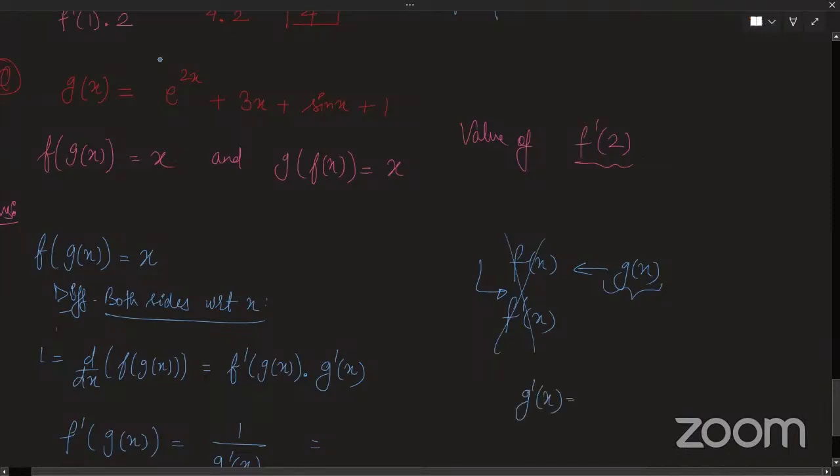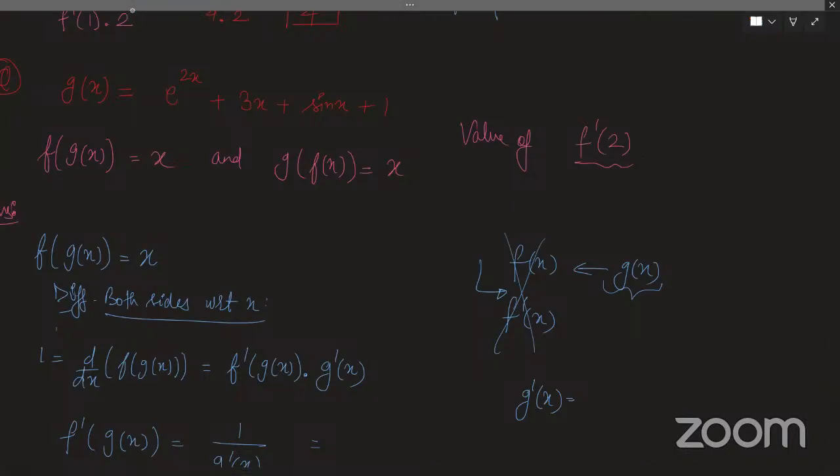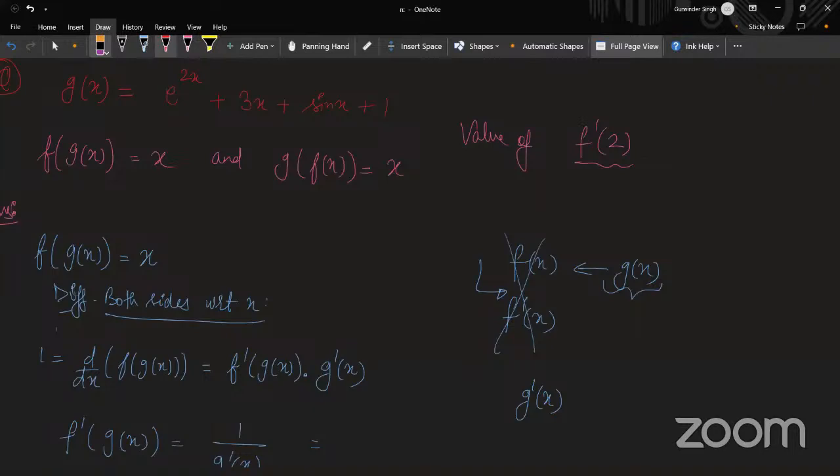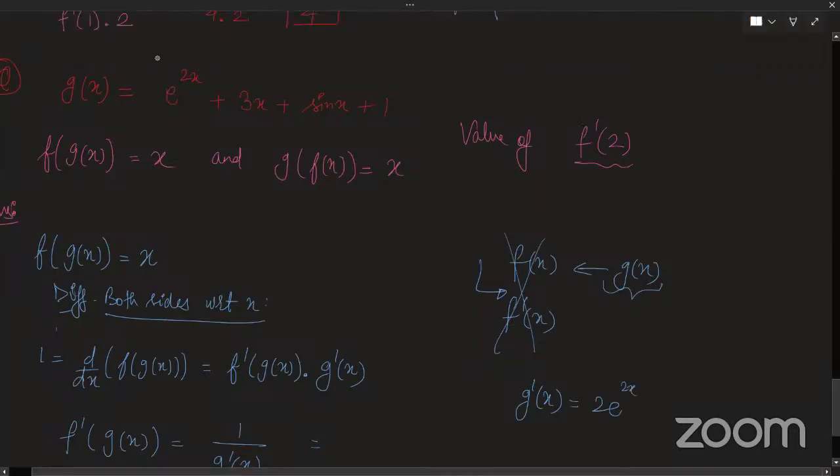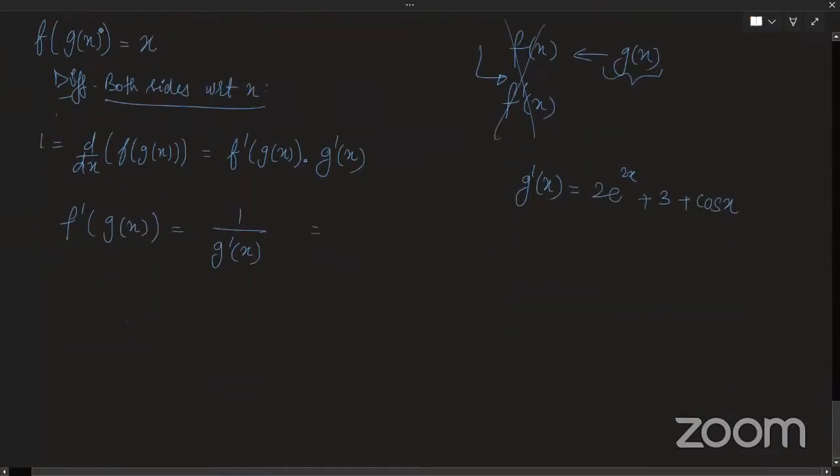It is e raised to 2x times 2, plus 3, plus cos x. Great, correct. So this is what you have got: 1 by 2 e raised to 2x plus 3 plus cos x, right?